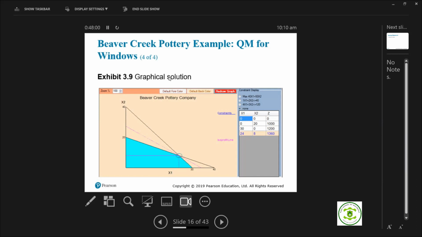The same. Okay. Meaning that if I am at this point, the profit is the same as when I'm at that point, or that point, or that point. So we call it the iso what? Profit line. Then these are the constraint lines. Okay. The constraint line.